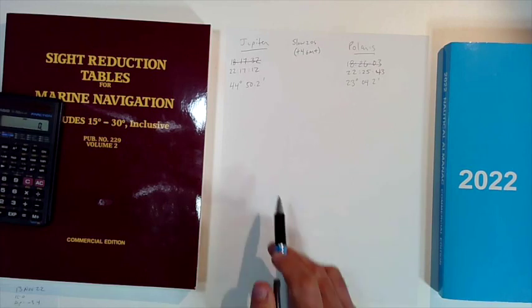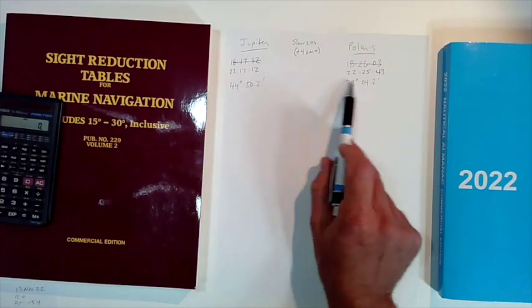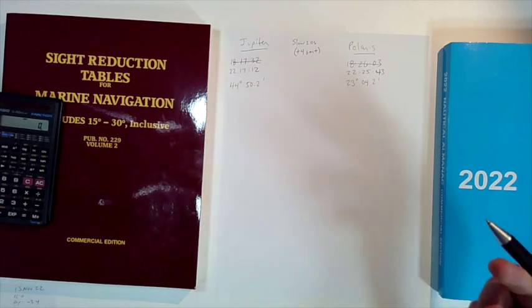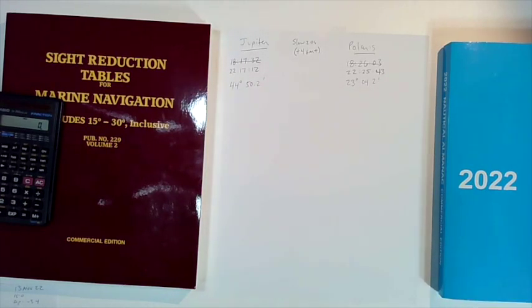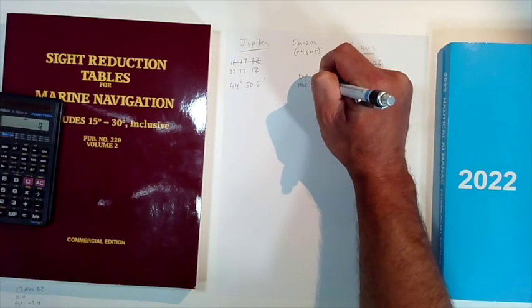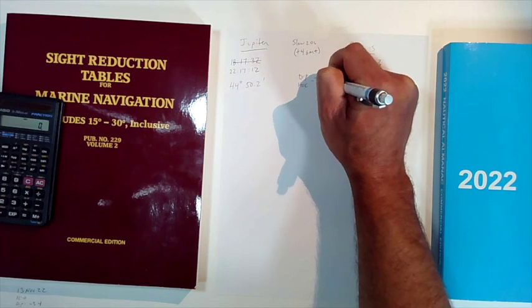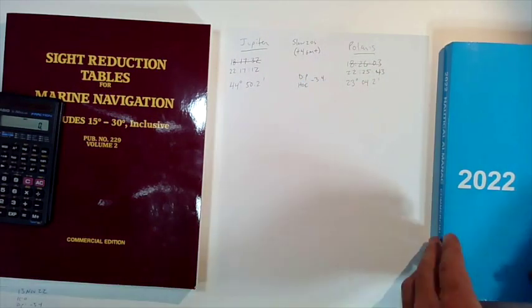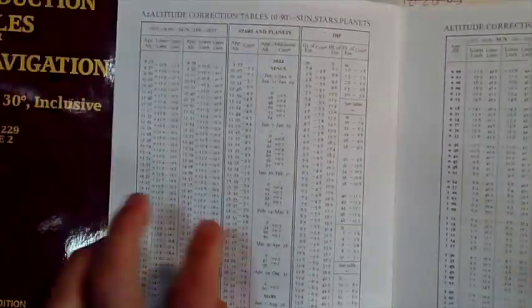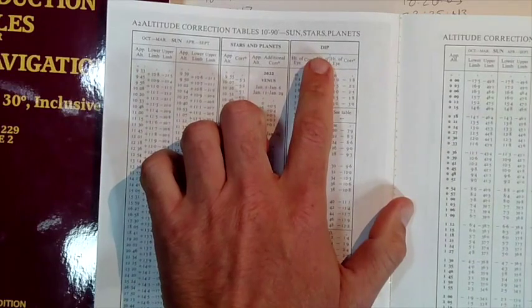The other thing we need to do is adjust our sextant heights. We read the value of the sextant at 44 degrees 50.2. Well, there's a couple of things we need to account for. The first thing we need to account for is our dip. Our dip is our height of eye. Our height of eye is on our ship, it's -3.4 for all sights, but we'll show you where to find that. If we go to the front of the Nautical Almanac, there's a dip table, and this corresponds to your height of eye.